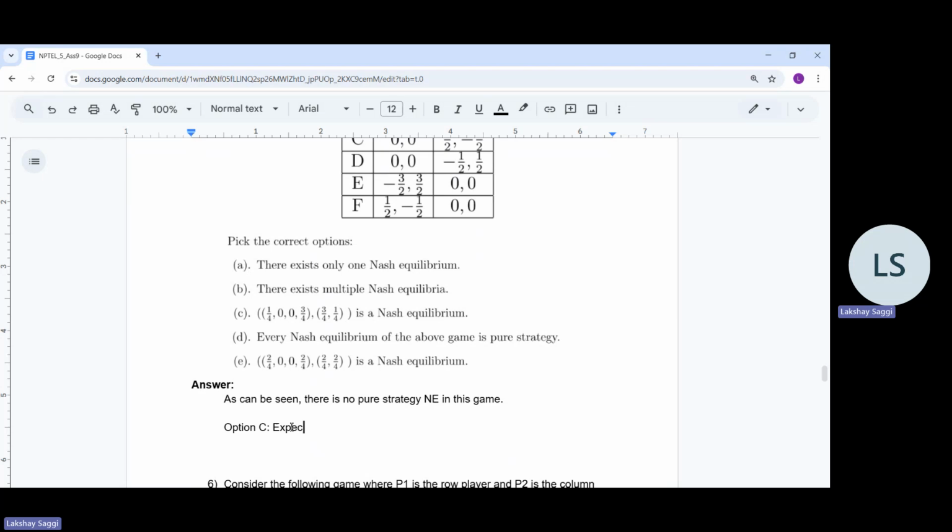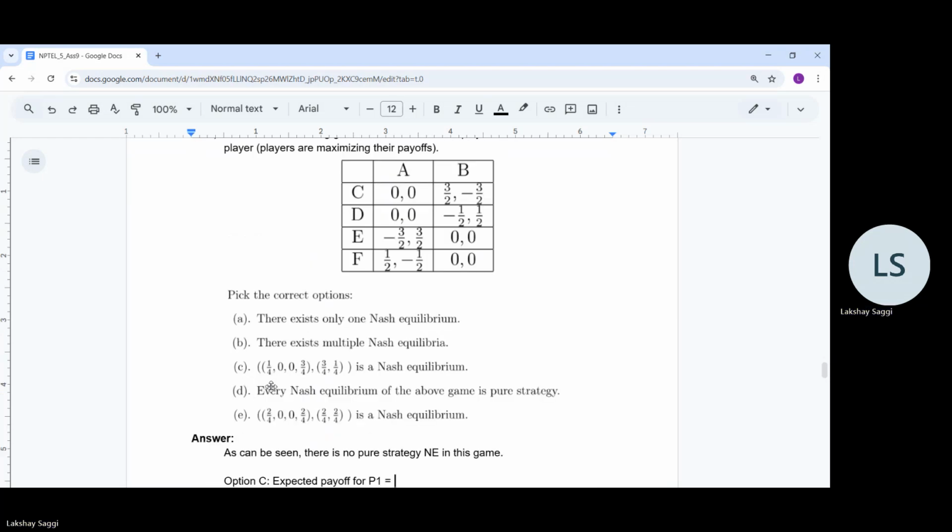So maybe I just write the expected payoff for player one, which is the row player. For the row player, the expected payoff is something like 1/4 times, this whole strategy occurs with 1/4, times 3/4 for the column strategy.